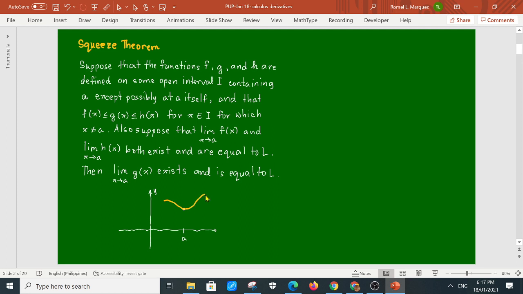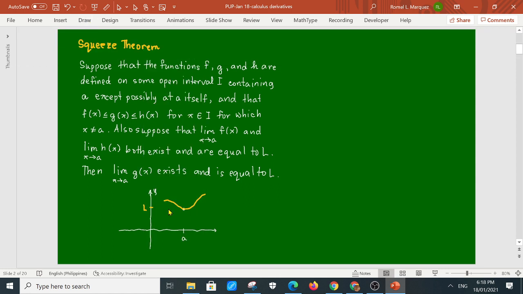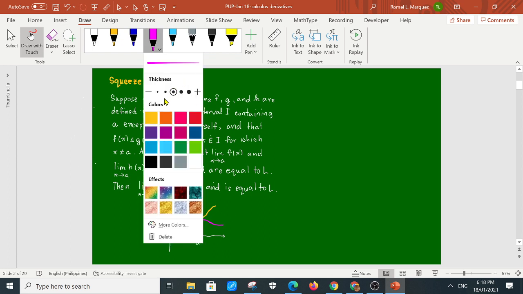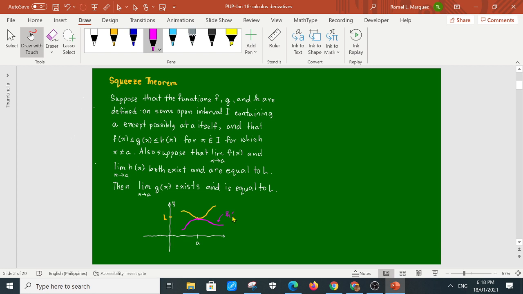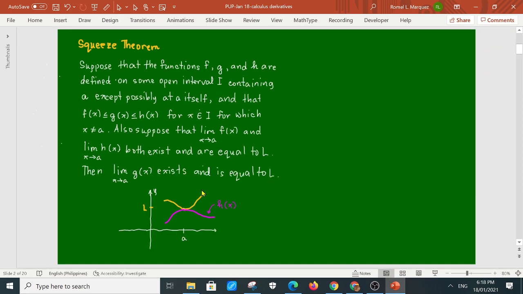The limit as x approaches a is L. Then I have another function, this pink one is h of x, and this yellow one is f of x.